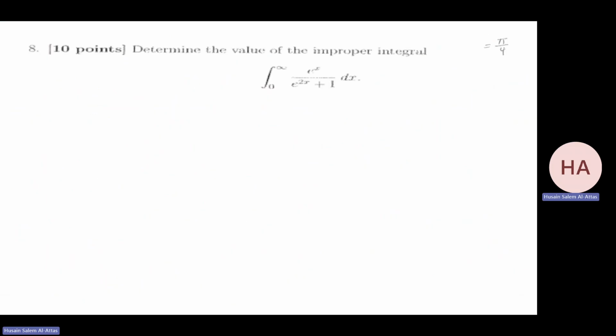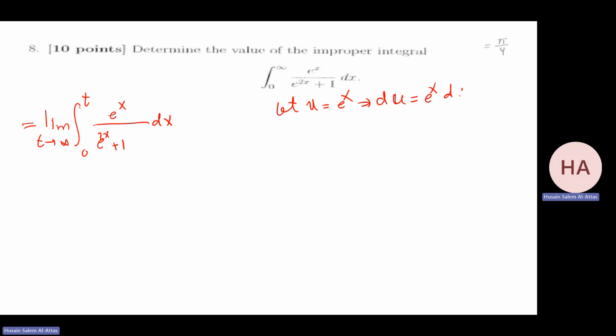Okay, so now this one will be the limit as t goes to infinity of the integral from 0 to t of e to the power x over e to the x plus 1 dx. If I let u equal e to the power x, then du will be e to the x dx.